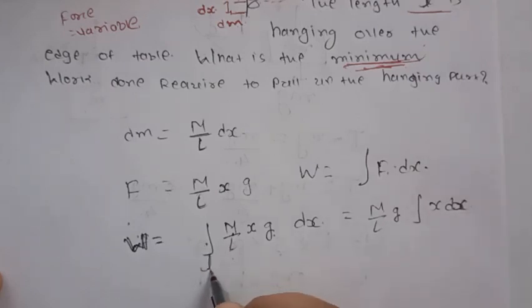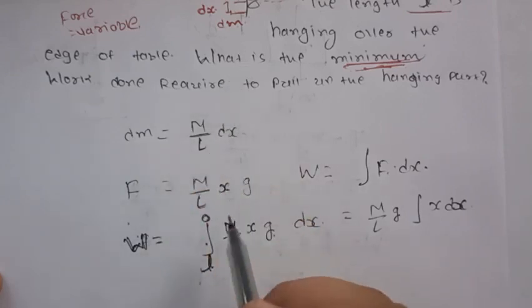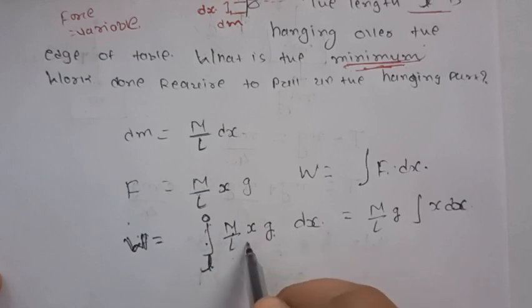Initially L part of the length of the chain was hanging, and finally when the whole chain is pulled up, the hanging part will be 0. Remember, here x is the hanging part.